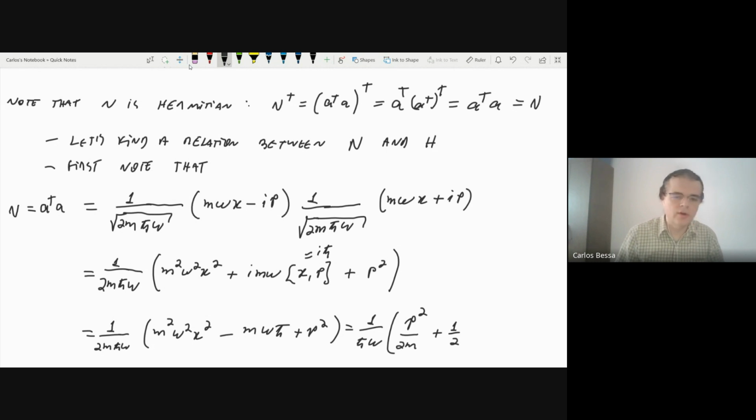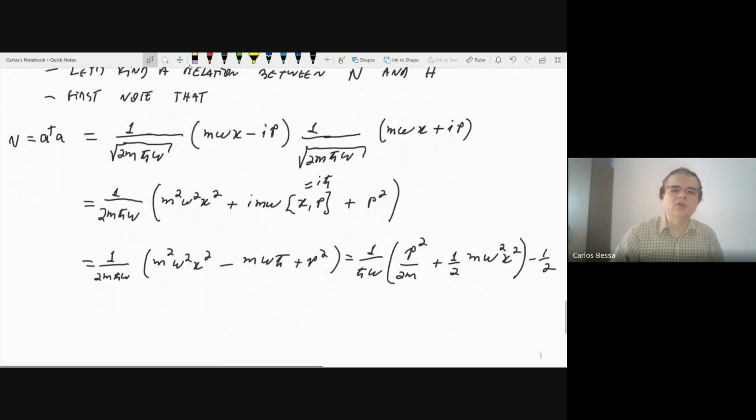I'll take in this term here now. So this will be m omega squared x squared, minus 1/2. That is this last term here. If I divide everything by m h bar omega, in the end I'll have only this.